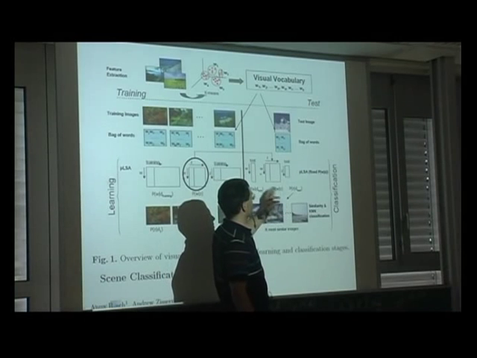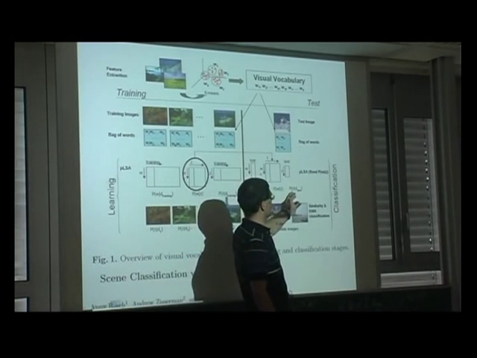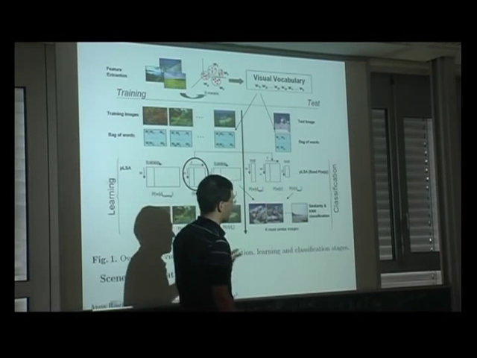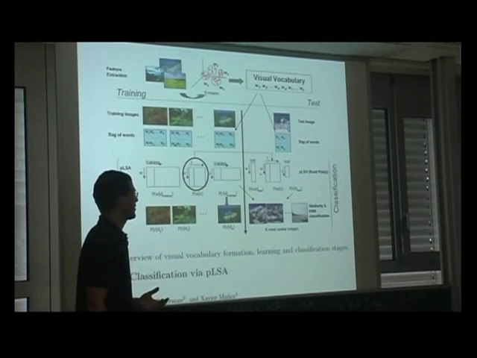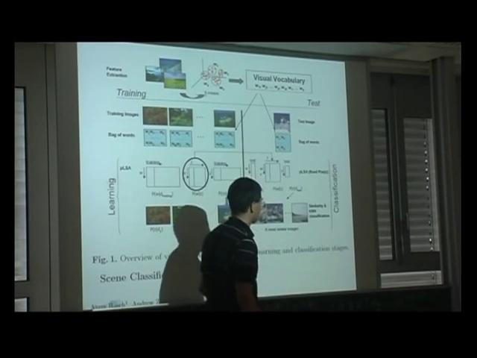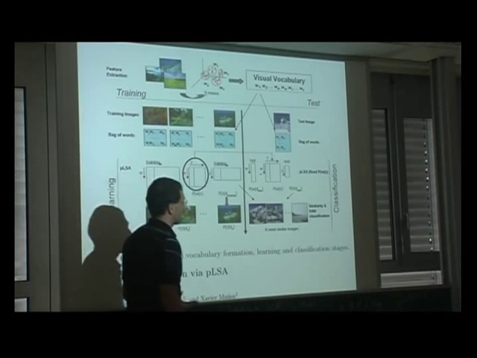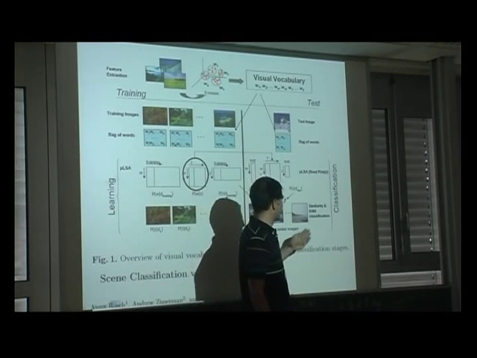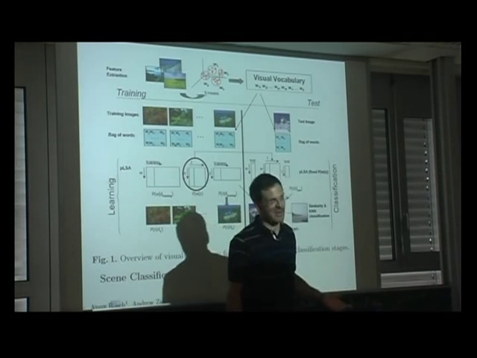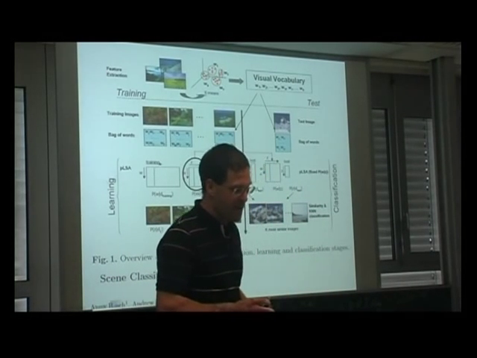And then the distribution of latent class in each image was estimated, and these latent classes were then used to classify images. That had to be combined with classification because PLSA is fundamentally an unsupervised technique, so it does not use labels.